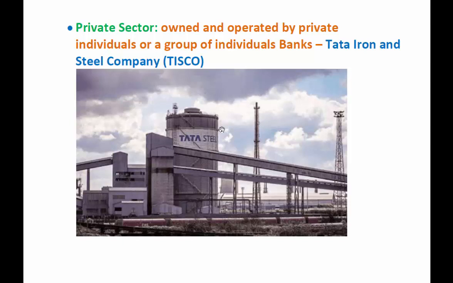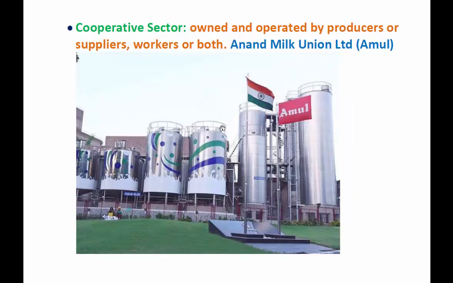Okay. Private sector. Another sector is called cooperative sector. Cooperative sector industry is owned and operated by producers or suppliers, or workers, or both of them. They cooperate with each other and produce a product.